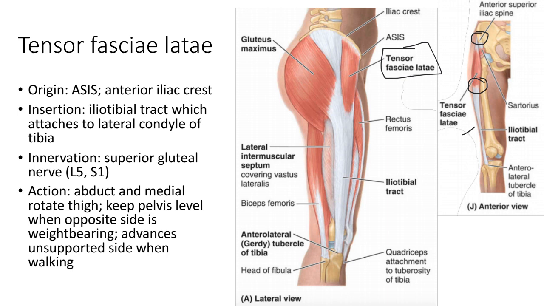So you can see this long tendinous structure that's called the iliotibial tract, and the tensor fascia lata muscle is actually a lot smaller. The innervation of the tensor fascia lata is the superior gluteal nerve, and the action is that it abducts and medially rotates the thigh, keeps the pelvis level when the opposite side is weight-bearing, and it advances the unsupported side when walking.